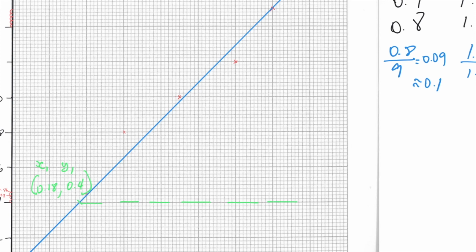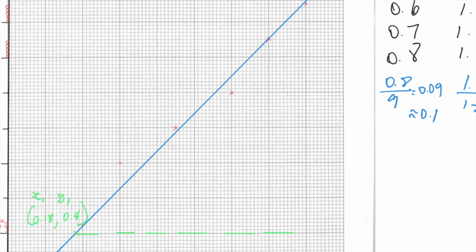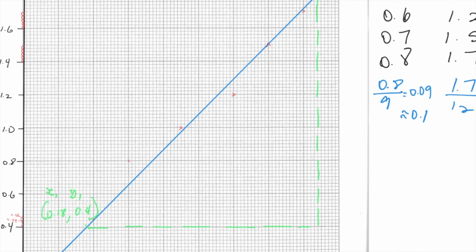I'm very surprised with my lines there, and my vertical lines now. So this is my triangle.